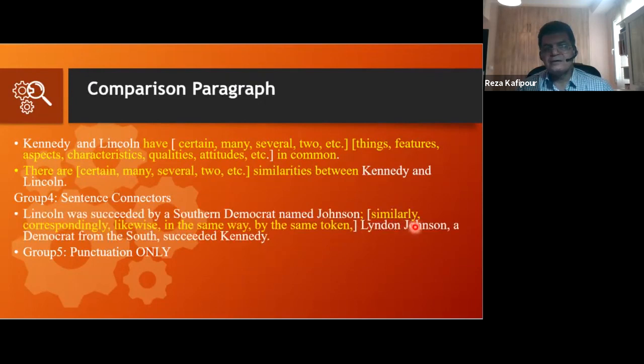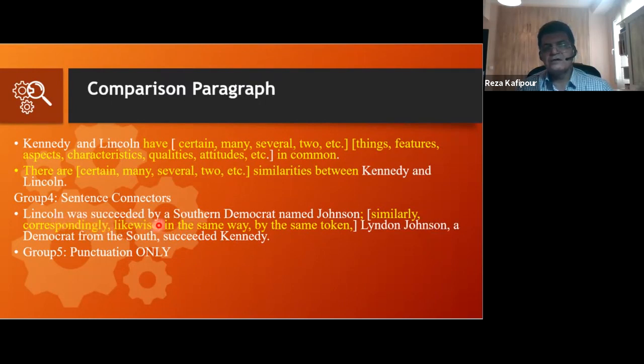They are similarly, correspondingly, likewise, in the same way, or by the same token. They are sentence connectors that show we are talking about or discussing similarities between two concepts or persons. So let's see how we can use it in an example sentence.